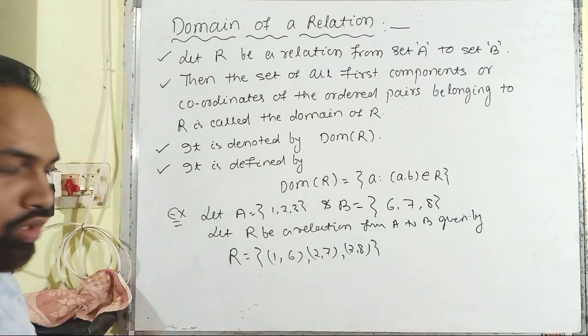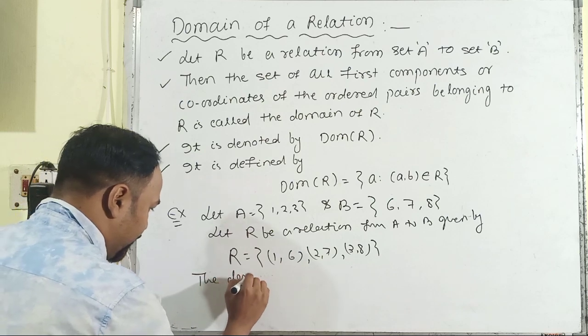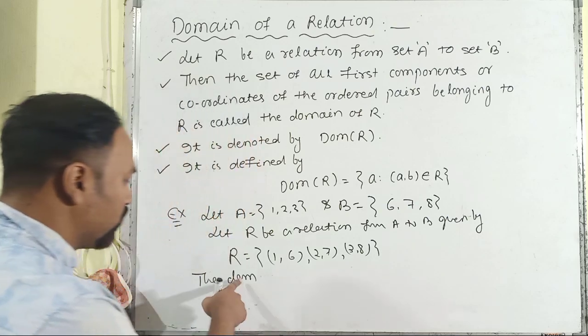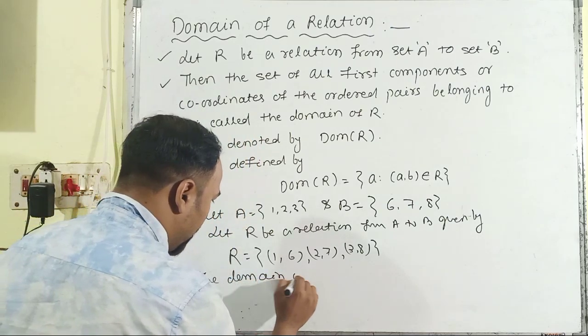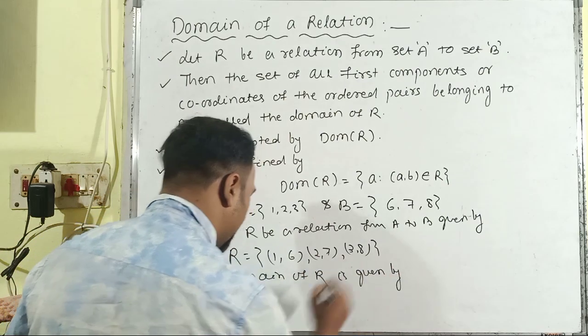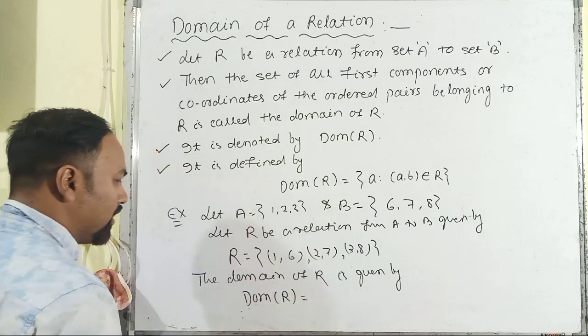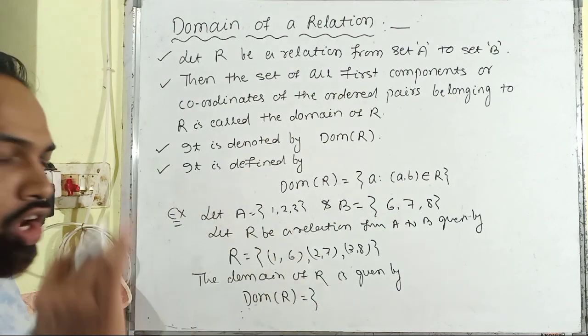Then we have to find the domain of R. The arrow diagrammatic representation is not necessary to find the domain of R in the given problem. The domain of R is given by dom R, and it is the set of all first components of all the ordered pairs.